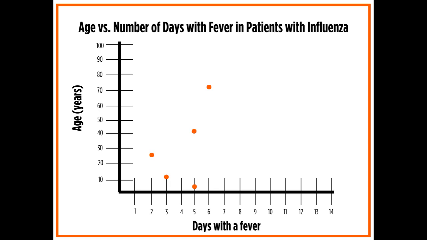Once Guadalupe has his first 5 data marks, he starts to think about whether these 5 data points are representative of the entire population. For example, will every 73-year-old that gets the flu have a fever for exactly 6 days?